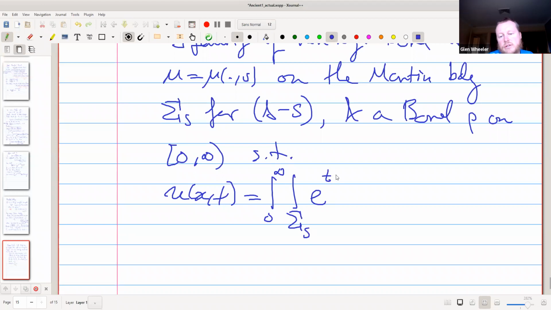You still have this exponential factor. The exponential factor just comes from the complete monotonicity, right? This is from Bernstein, so it's not affected by any of this Martin boundary business. That happens when you try to find a representation formula for this PDE. Okay, so it looks like this.